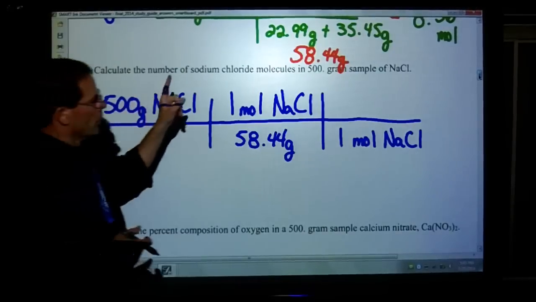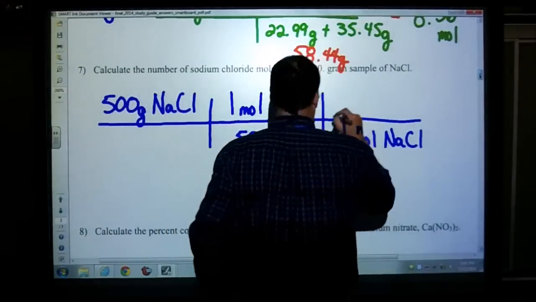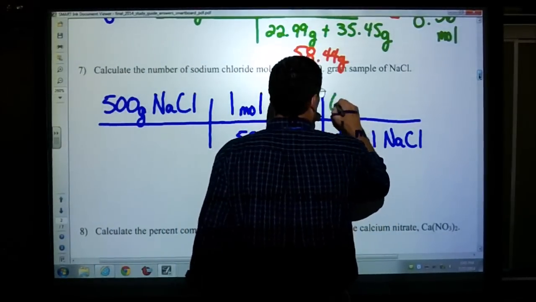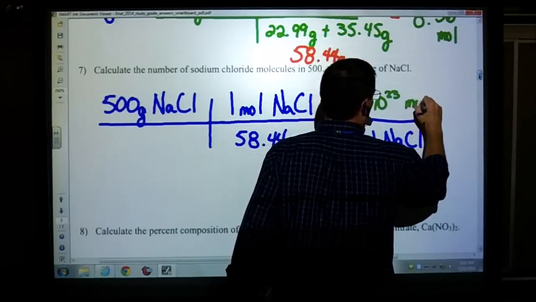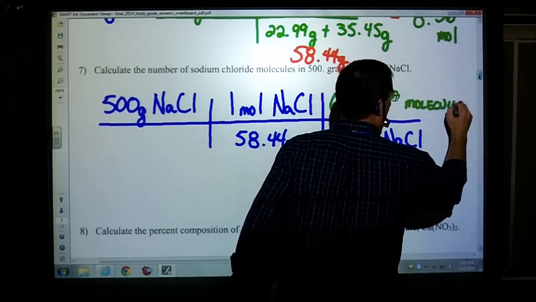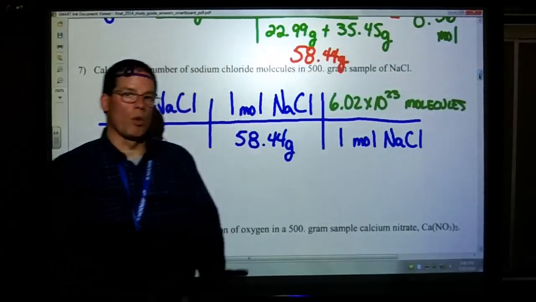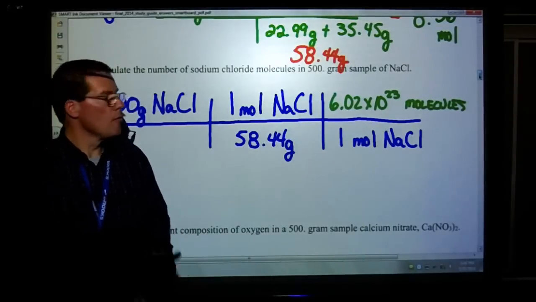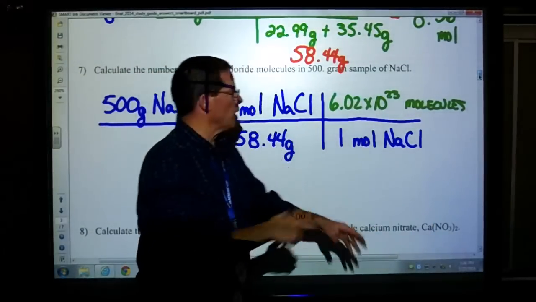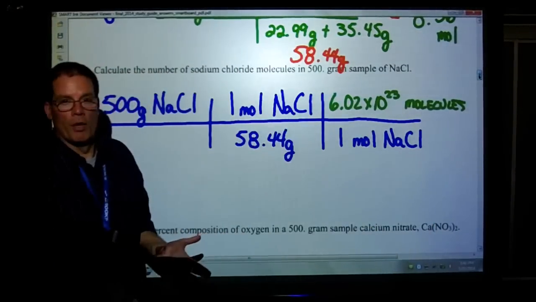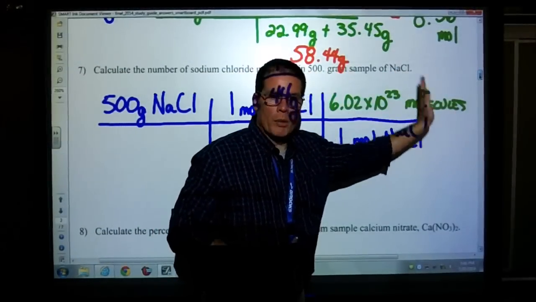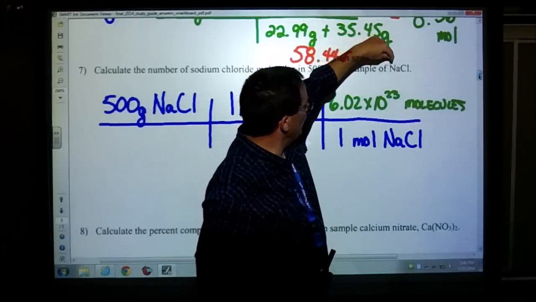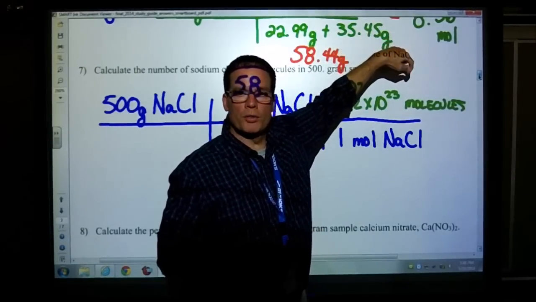All right, so getting rid of the unit moles, now we're going to molecules. That's when we get to use the 6.02 times 10 to the 23 molecules. Now, if the question wanted to know how many atoms we had, we would go one more step and convert those molecules into atoms. You would place 1 molecule on the bottom in your next step, and then you'd ask how many atoms are in 1 molecule of sodium chloride?